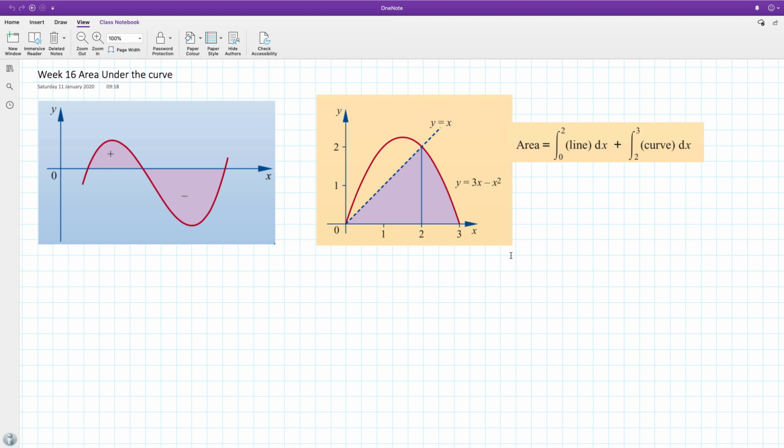Here's your curve. If you integrate that, what you're actually doing is calculating the area taken up in there between your curve and the x-axis. That's what you're actually doing. Very important for me to read these questions. So calculating that.